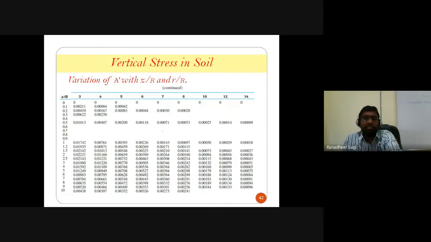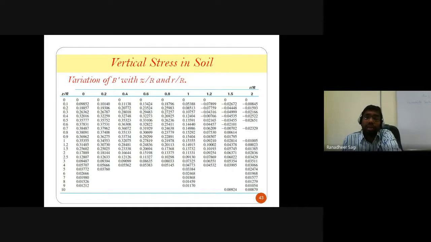Likewise, for different other z by R and r by R ratios, I can go on to calculate your a dash parameter, and likewise I can also calculate your b dash parameter.